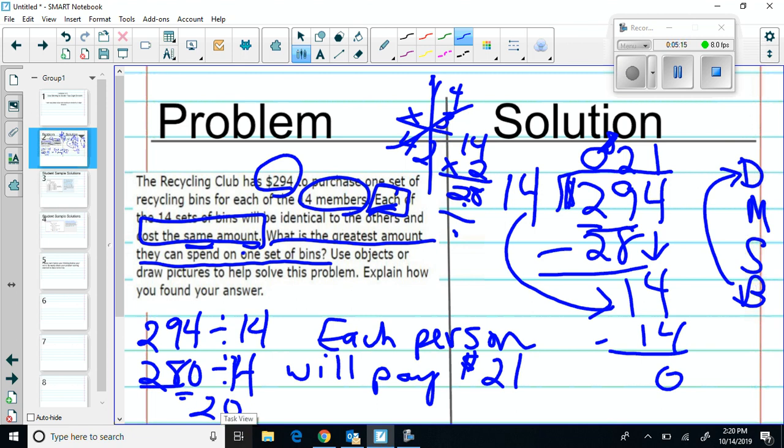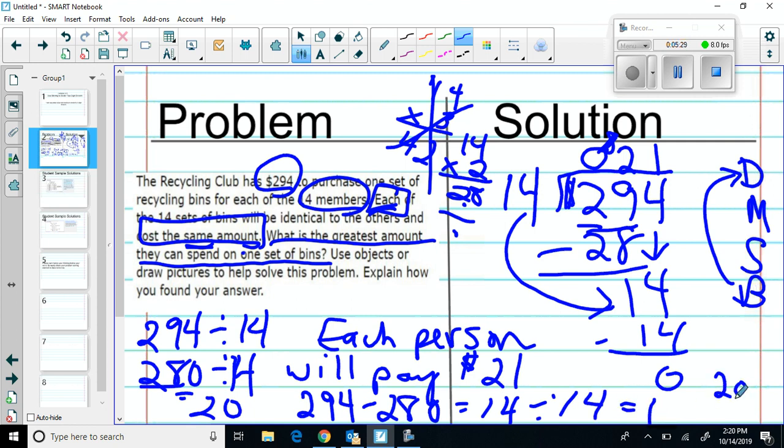And then if I take 294 and subtract 280, I get 14. Then 14 divided by 14 equals 1. So 20 plus 1 gives me $21 that each person would pay. So you could use compatible numbers as well if that's another way that you would like to do it.